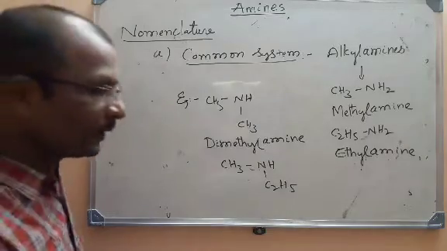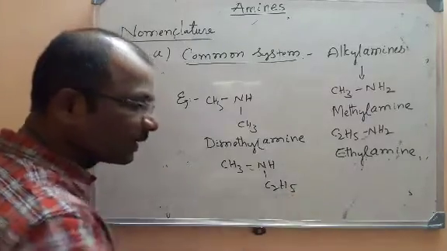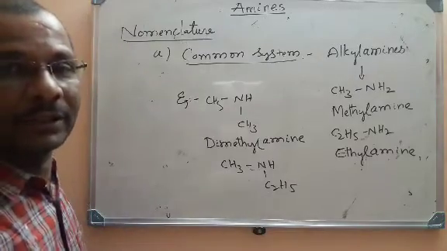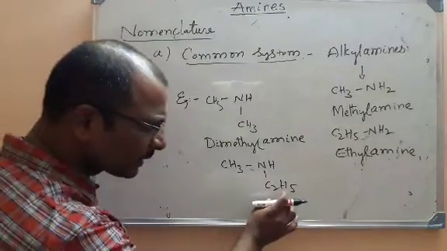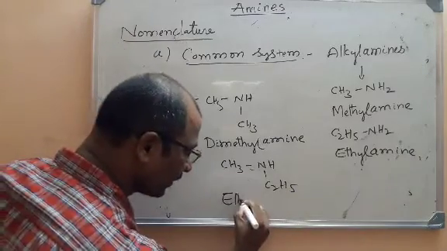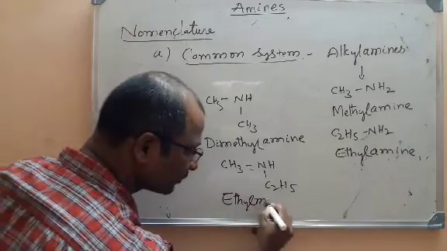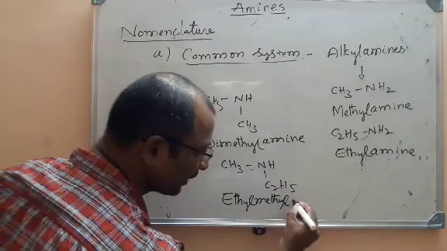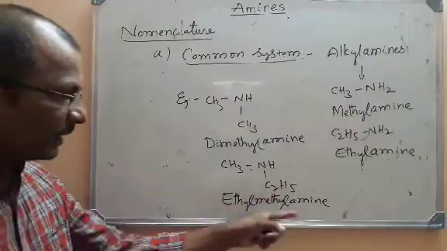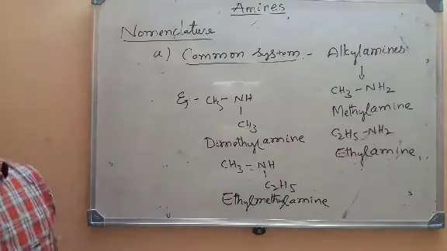In that case, we take the name of the alkyl groups and follow the alphabetical order. This one is ethyl and this one is methyl. So we name it as ethyl methyl amine. This is the common name of this molecule.